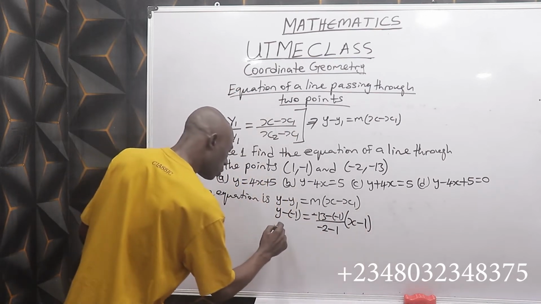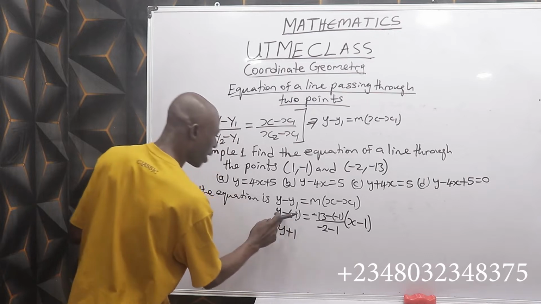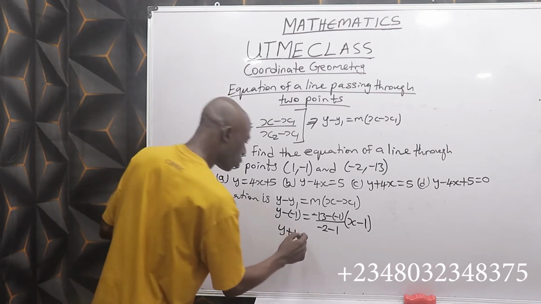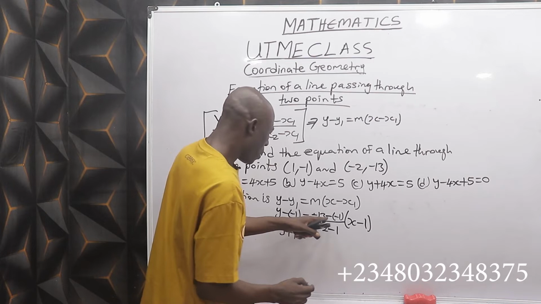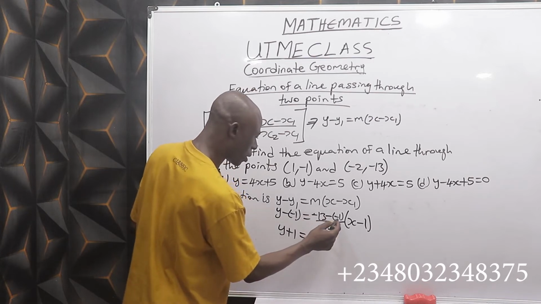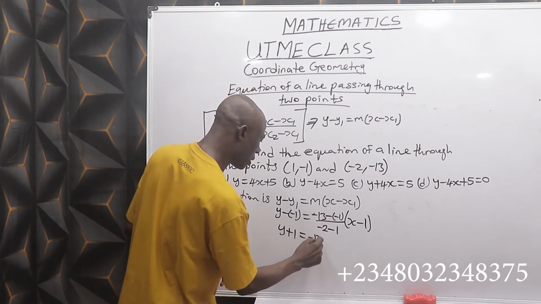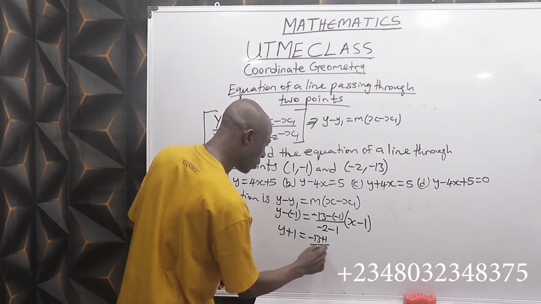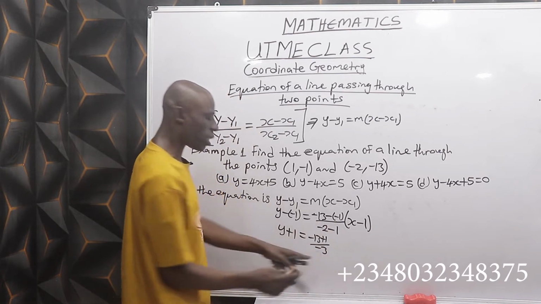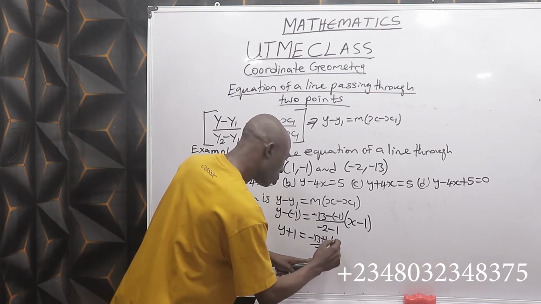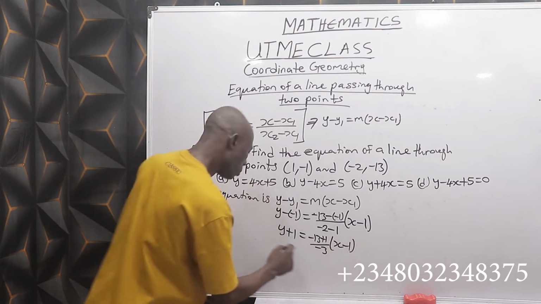And that's it. This will be y plus 1. Minus times minus is positive, so minus 13 plus 1 over minus 2 minus 1, which is minus 3, into x minus 1.